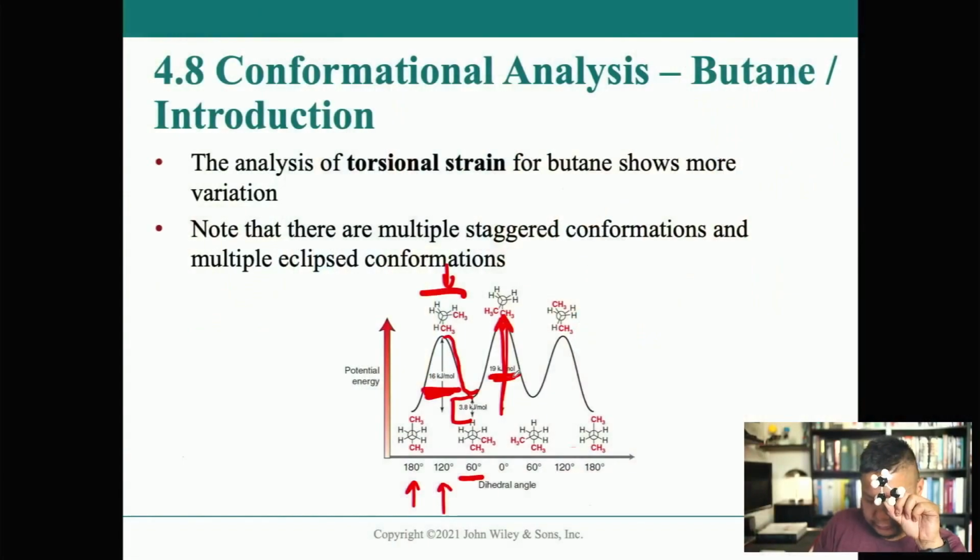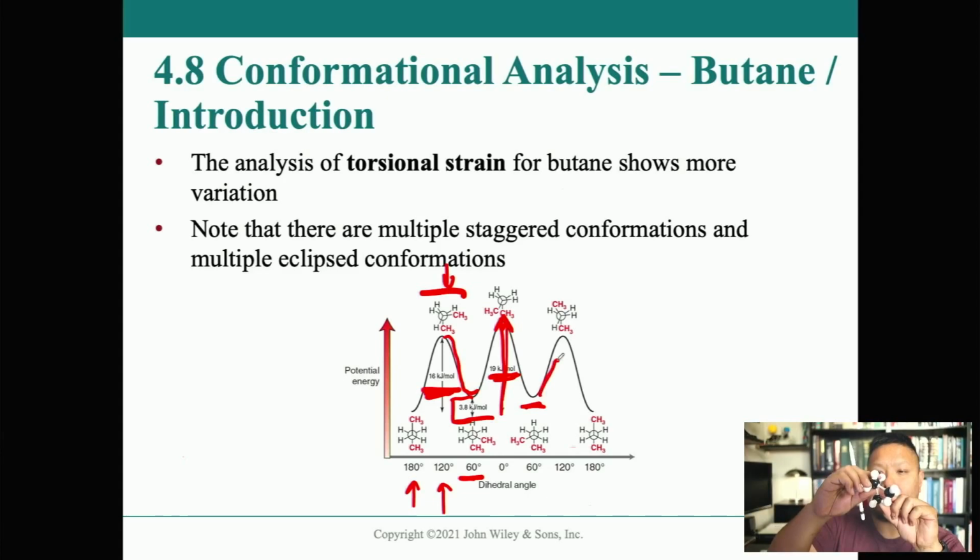It gives us a little trough that we saw right there, right? This little trough right here, okay, at 60 degrees. That trough at 60 degrees was just 3.8 kilojoules per mole higher than it was when it was all completely opposite of each other, okay?